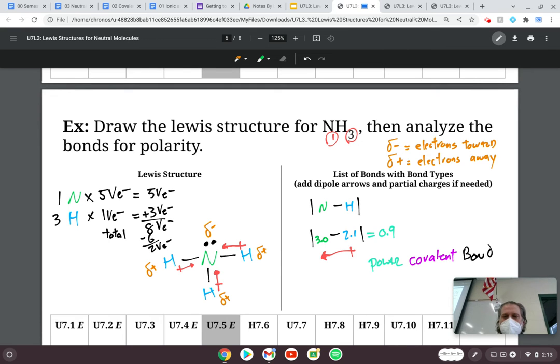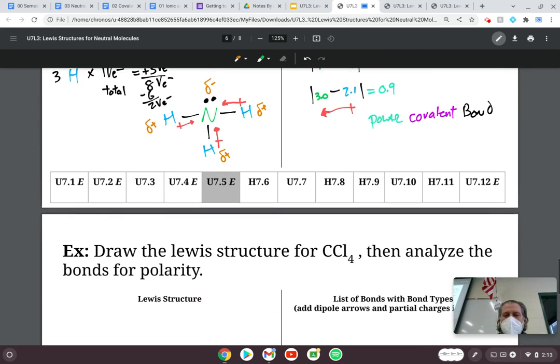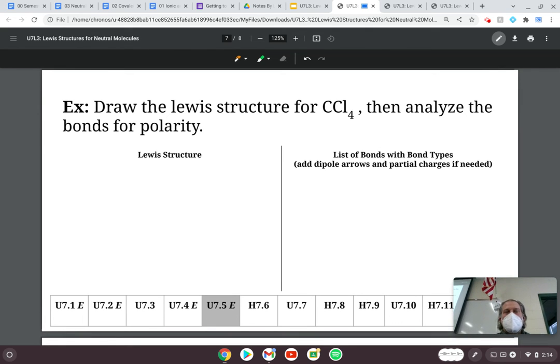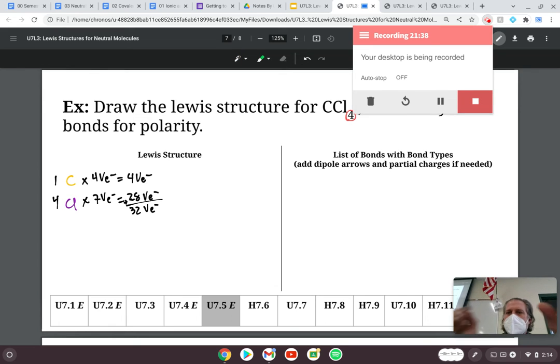All right, here's what we're going to do. I'm going to give you this one to do. Ready, set, go. Now, I'm going to pause at this point. I'm going to do little checkpoints here, okay?